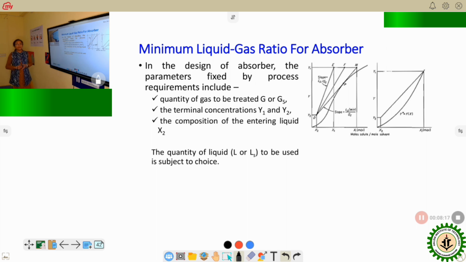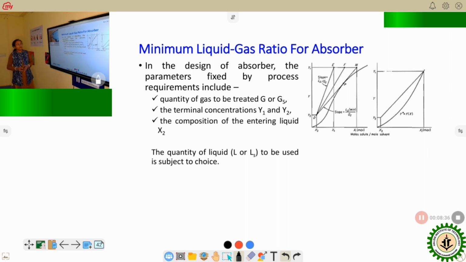But the solvent flow rate is a design parameter which we can fix based on our choice or some consideration. And as the liquid flow rate is not fixed, the outlet concentration of liquid, that is x1, is also not fixed.